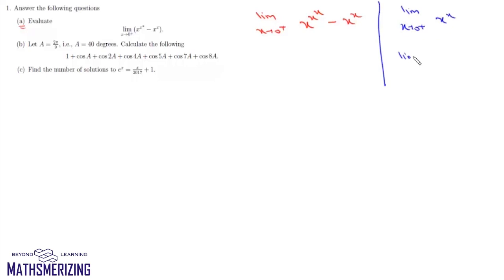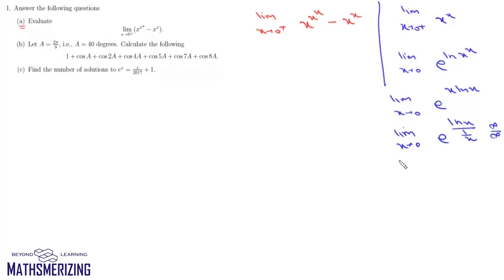So we can write this as limit x tends to 0, e to the power log x to the power x. We can write this as limit x tends to 0, e to the power x log x. And we can also write it as limit x tends to 0, e to the power log x upon 1 upon x. Now this is infinity upon infinity form.